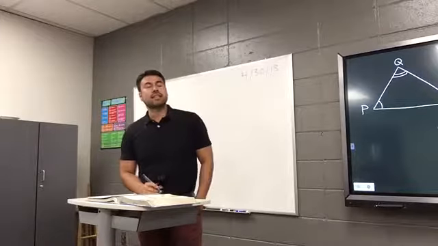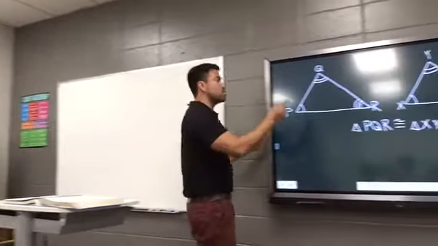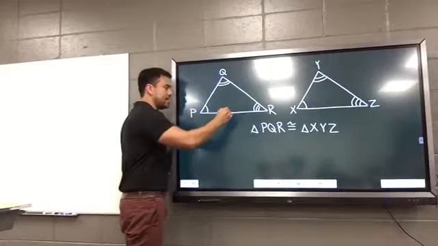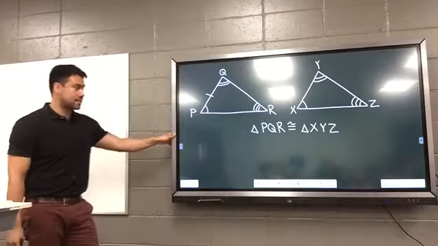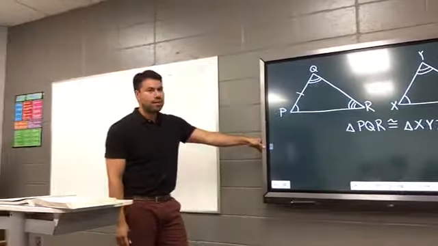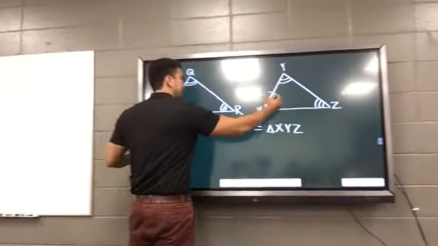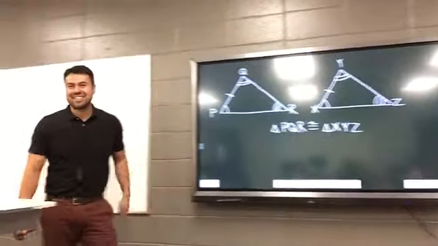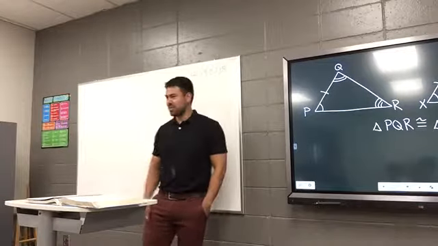Okay, I said that they have the same size and same shape. They're congruent. So I also know something about their sides. Segment PQ is congruent to segment XY. Tell me what to do next.